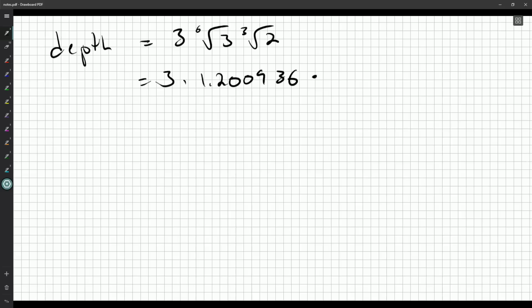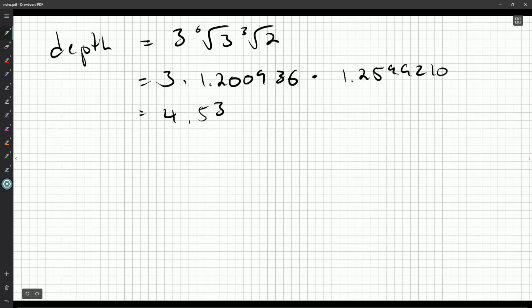And then the cube root of 2 is about 1.25999210. So now I can just multiply these: 3 times 1.200936 times 1.25999210. And that's 4.53925, yada, yada, yada.